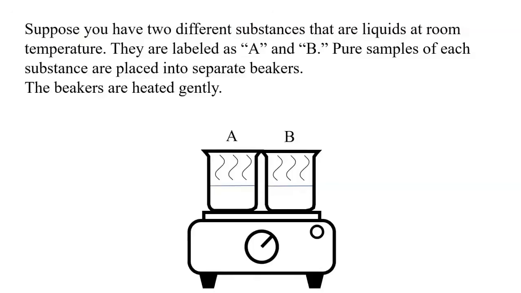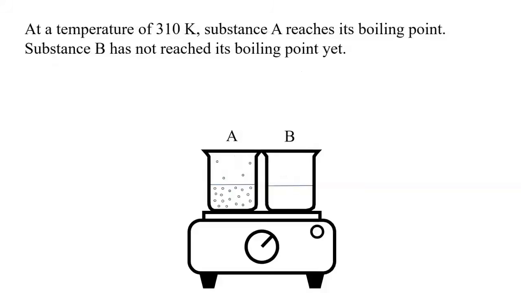Suppose you have two different substances that are liquids at room temperature, and they are labeled as A and B. Pure samples of each substance are placed into separate beakers, and the beakers are heated gently. At a temperature of 310 Kelvin, substance A reaches its boiling point.